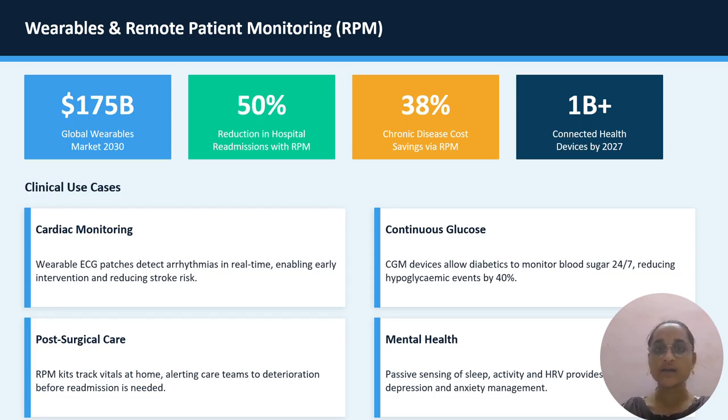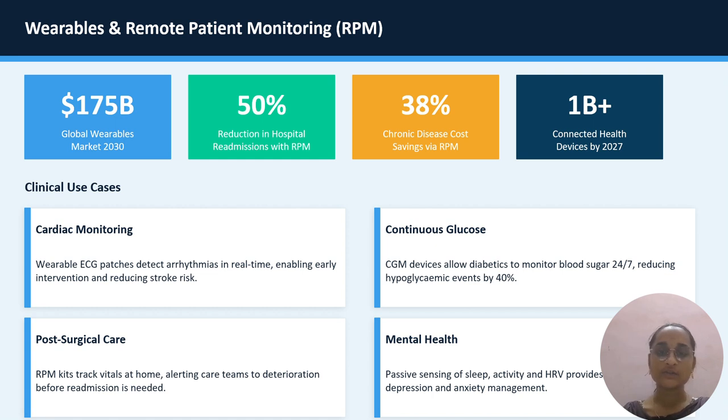Post surgery care, RPM kits track vital at home and alert doctor before a patient need readmission. And then fifth one is mental health, sleep, activity, and HRV tracking gives objective data for managing depression and anxiety.